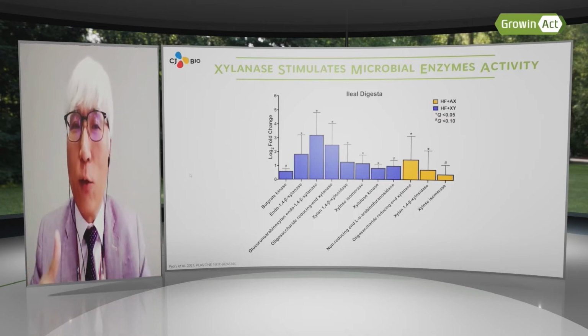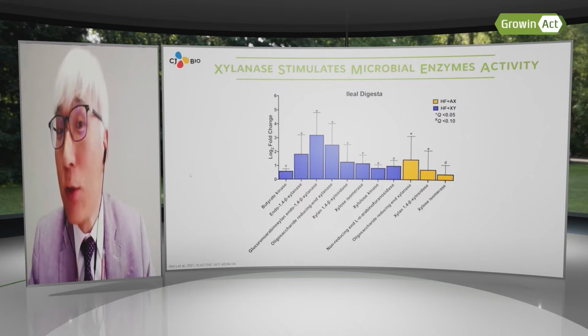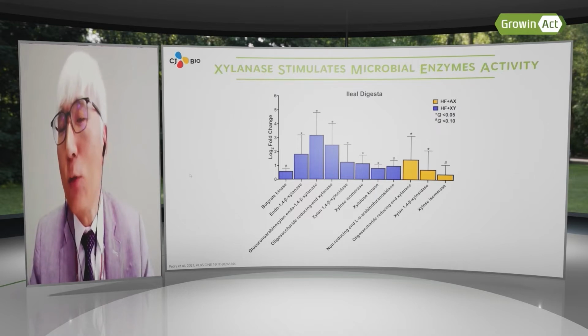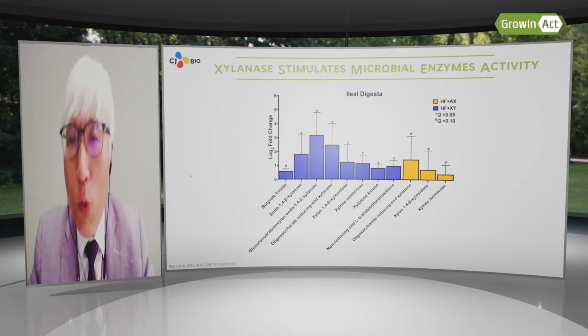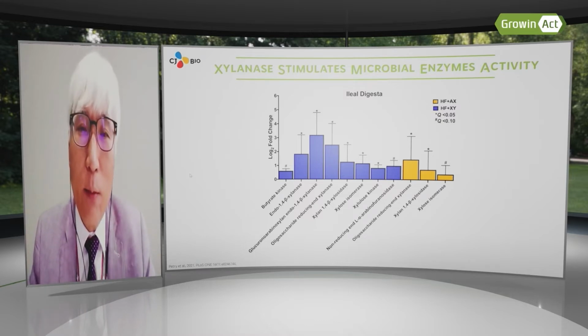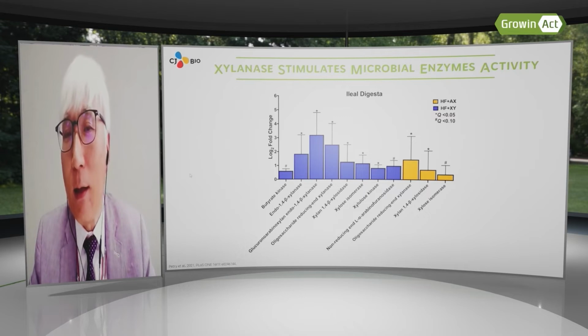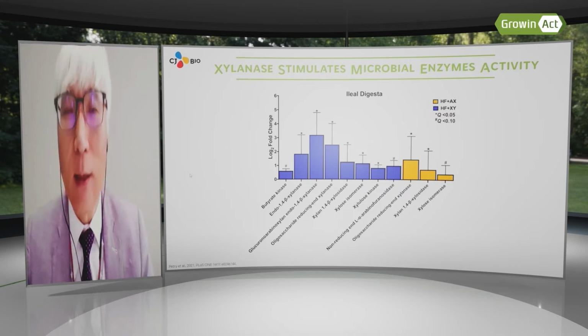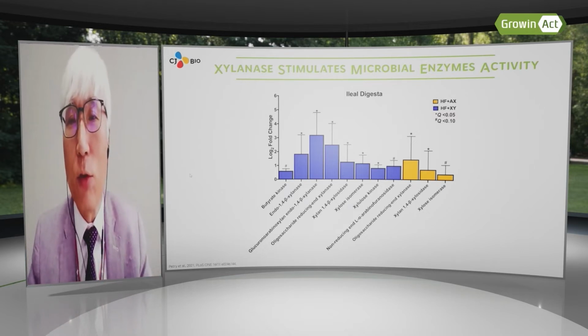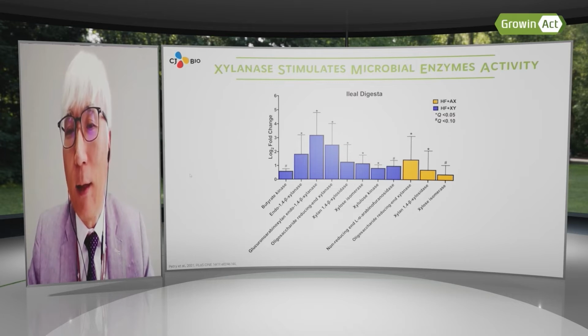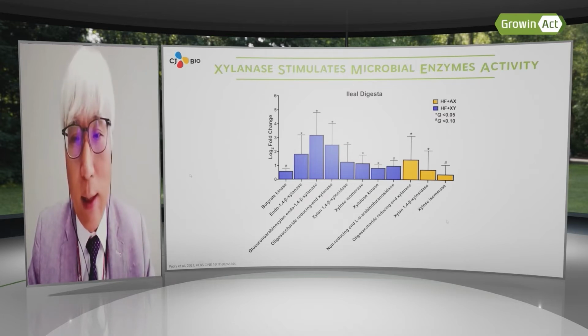Therefore, by supplementing a wide source of prebiotics, or creating a wide source of prebiotics in the gut, you are basically increasing whole fiber enzyme activity produced by microbiota in the gut. It is basically accelerating fiber fermenting activity in the gut if you can create a wide source of xylooligosaccharide in the gut by using a wide source of enzyme.